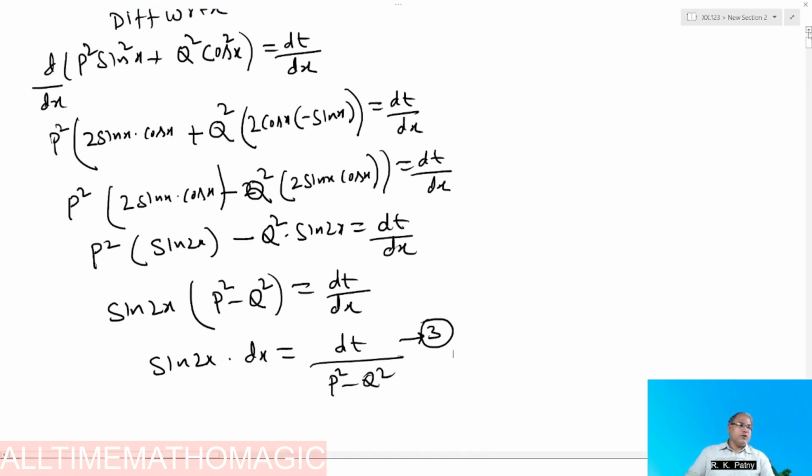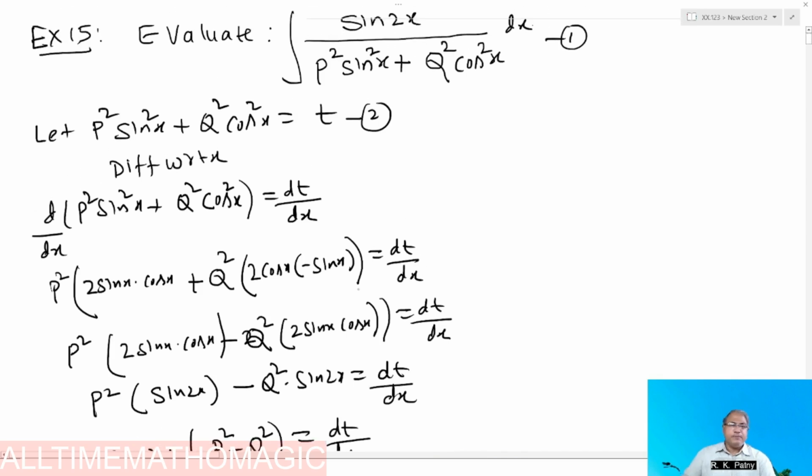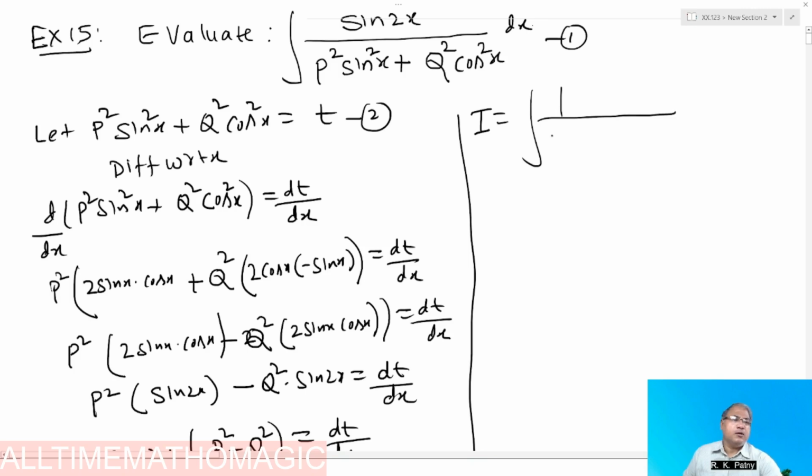Now, after that, the given question can be written as I equals to integration of 1 upon p square sin square x plus q square cos square x into sin 2x dx.